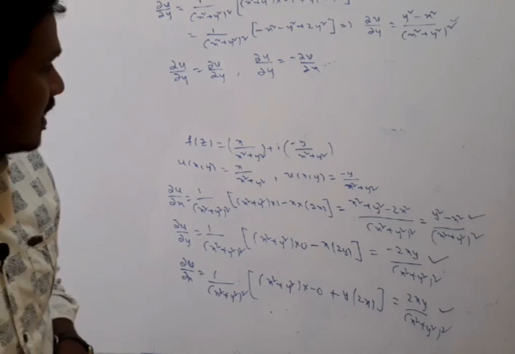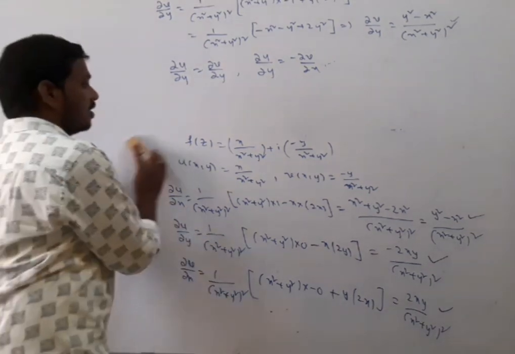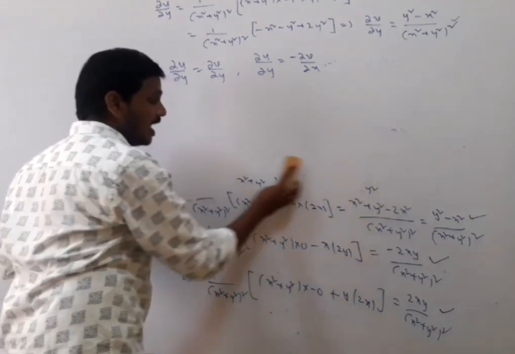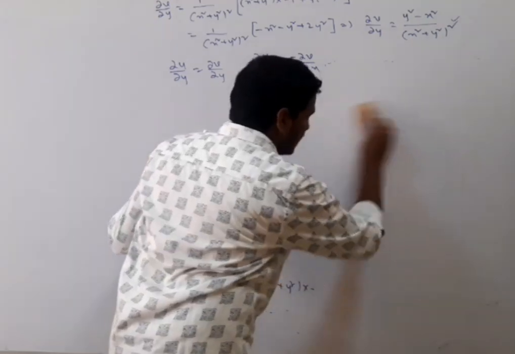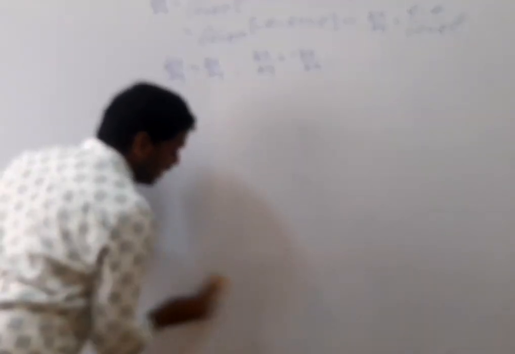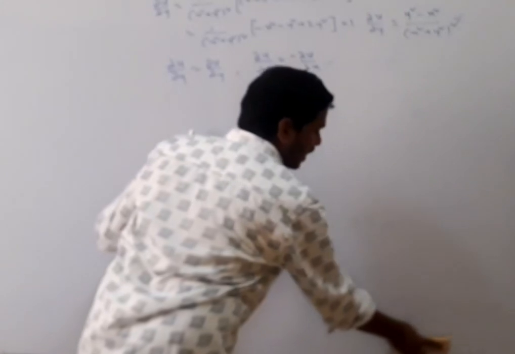If the function is satisfying the CR equations, next what you are going to prove is that the function is analytic everywhere except 0. First I am going to check whether the function is differentiable at z equal to 0 or not.